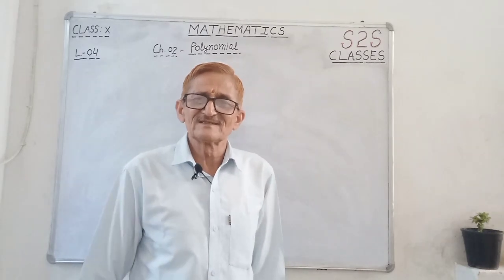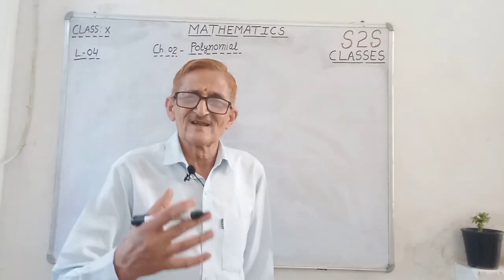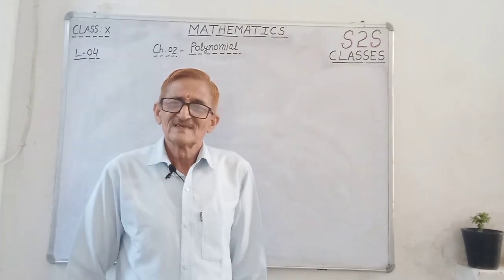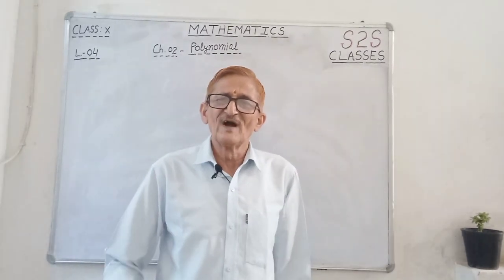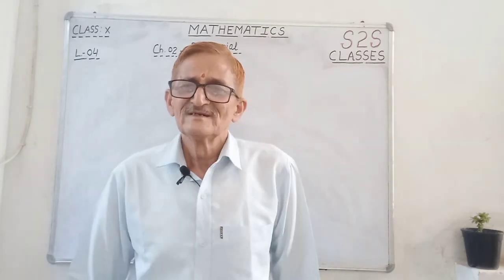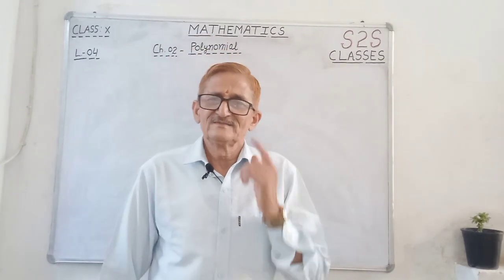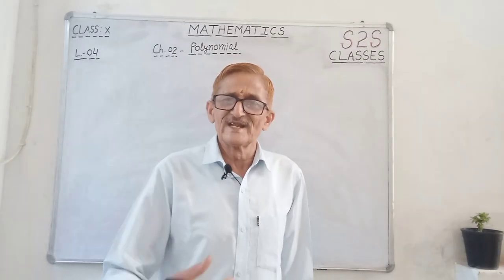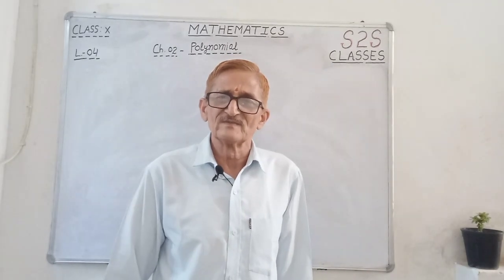Literal numbers means English alphabets x, y, z as variable quantities, because in a mathematical statement there are quantities on which any statement or relation is there, and we can express that in algebraic form.